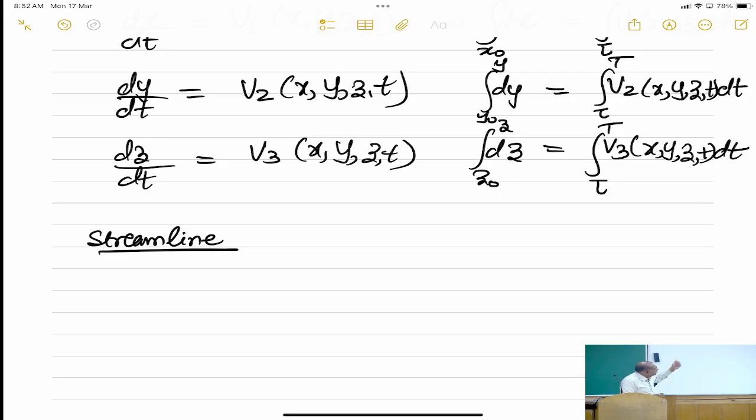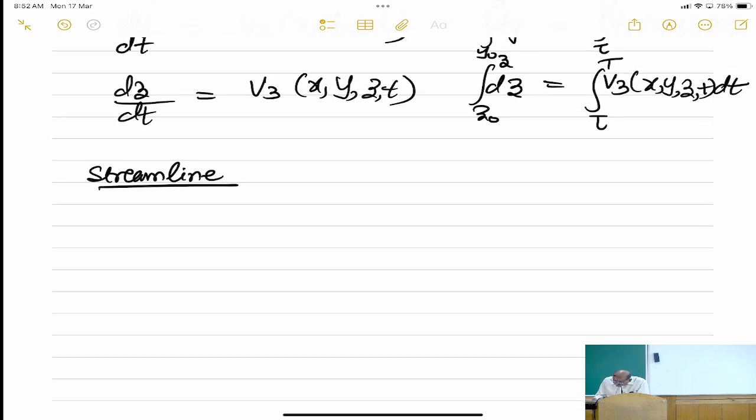And the third description which we have is what is called a streamline, which is a very commonly used concept.